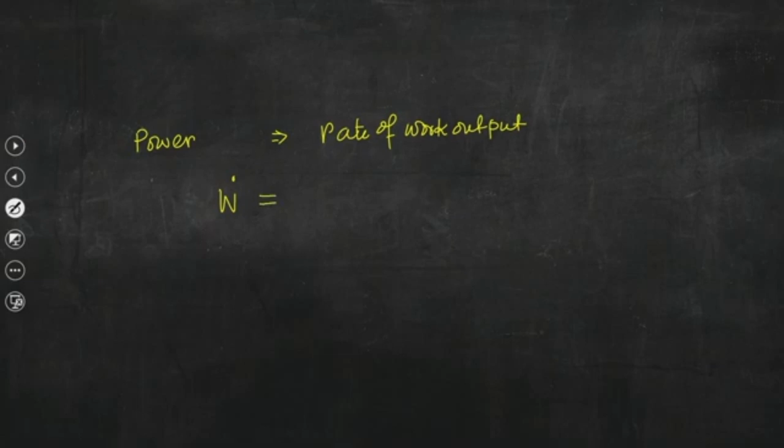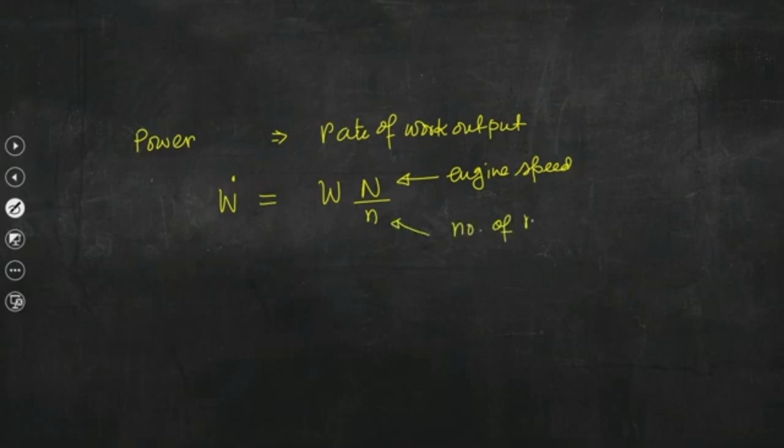So, this is W dot, which is W into capital N by small n, where capital N is the engine speed and small n is the number of revolutions per cycle that I have already written.